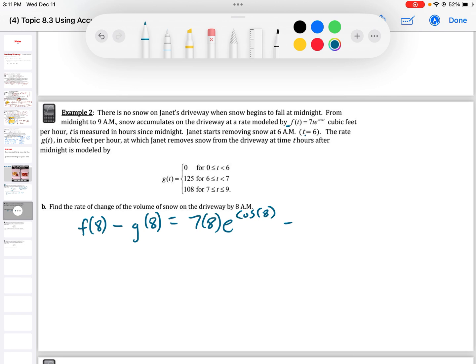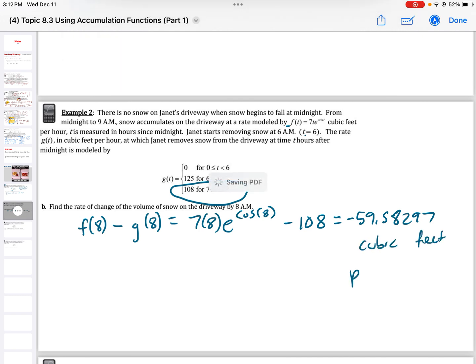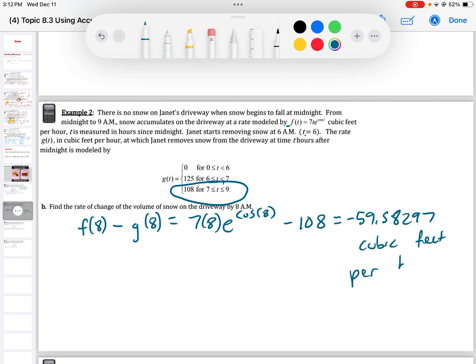So I would do 7 times 8, e to the cosine of 8, minus 108, because Janet is removing it at that rate, 108, at 8 o'clock. I plug this into my calculator, and I get negative 59.58297. I'm going to write out 5 numbers after the decimal spot, so I don't have to worry about rounding. And my answer would be cubic feet per hour.